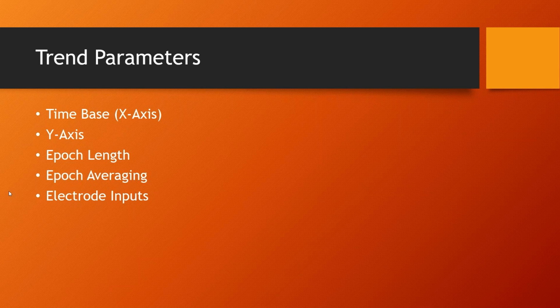So the things we'll look at are the time base or the x-axis, the y-axis, epoch length, epoch averaging, and the electrode inputs.